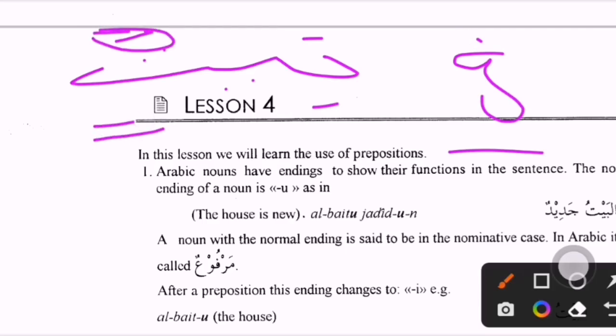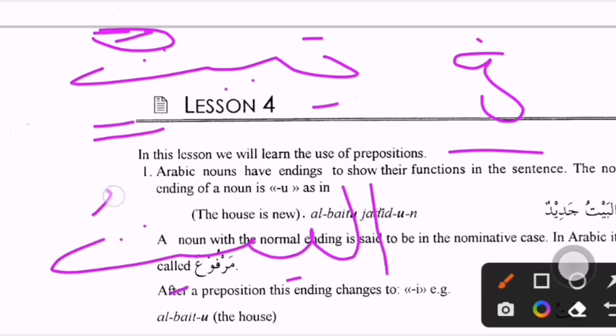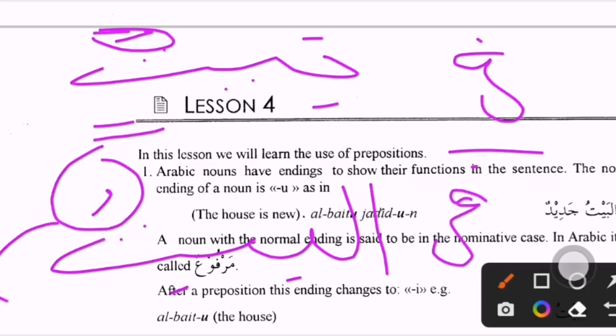It becomes fi baytin. And even if you have al-baytu, and a preposition like fi comes before it, the dhamma here changes to kasra. It becomes fil bayti. It doesn't say fil baytu. And when they ask you what has brought the change there, you say, it is the preposition that comes before it. Do you understand? Beautiful.